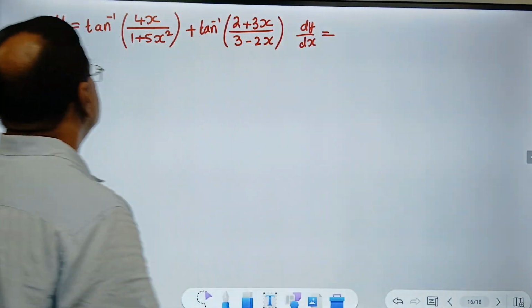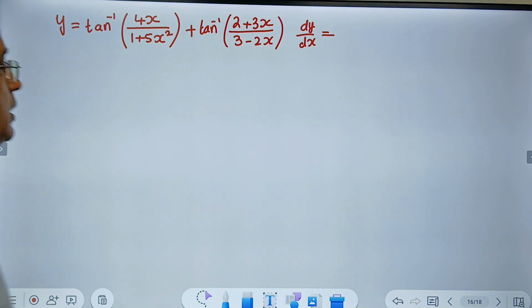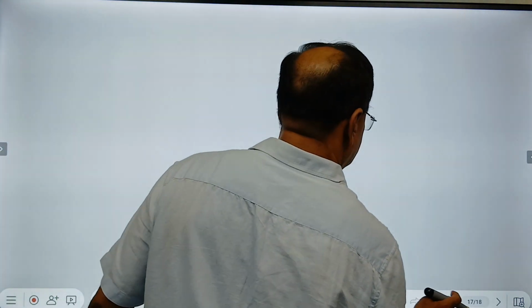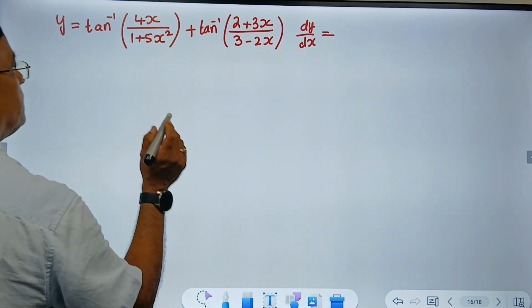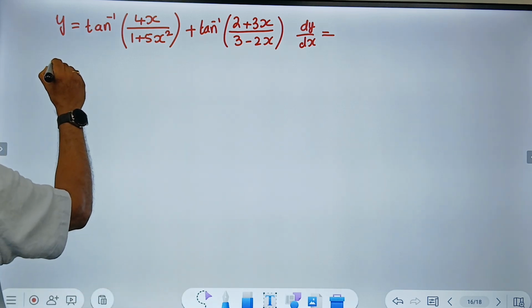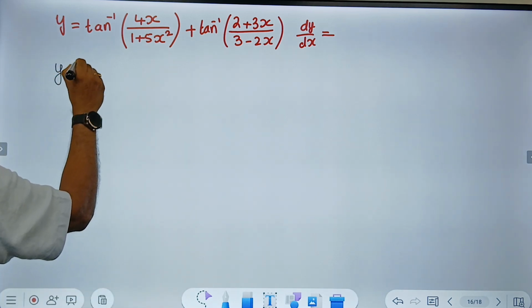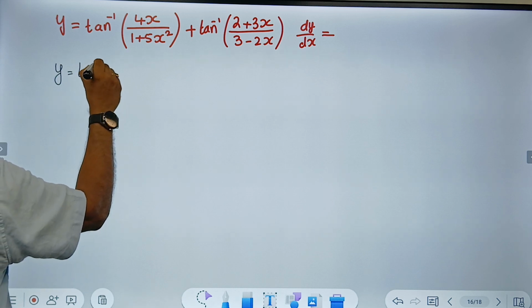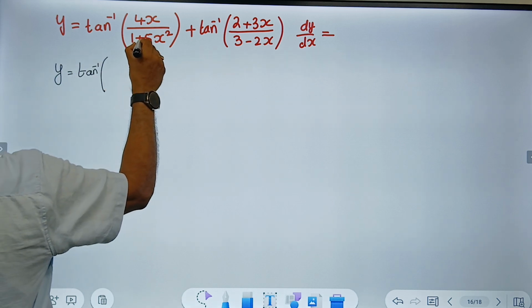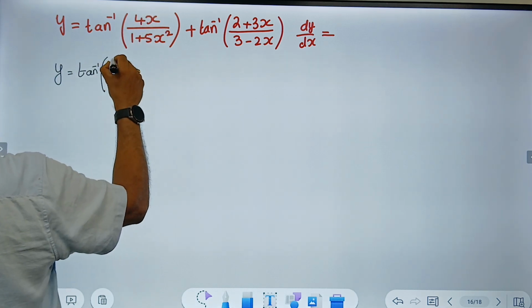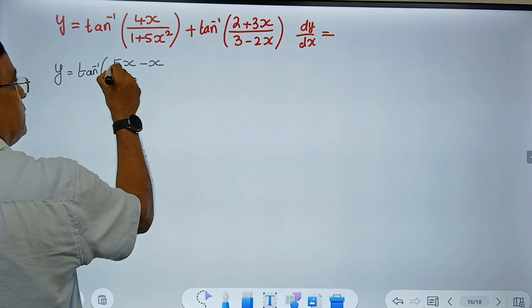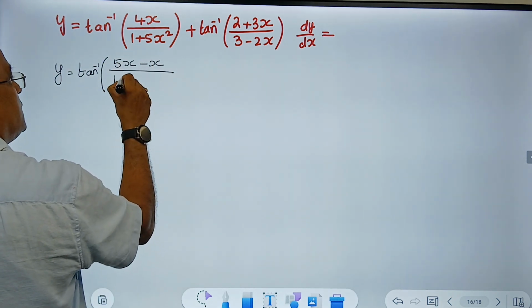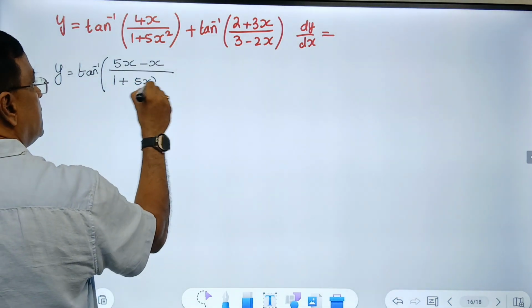Now the next question. This is a very, very nice problem. Okay. What do I do with this problem? This is the last problem. Let's try to simplify this. This is y equal to tan inverse of, denominator is plus, so numerator should be minus. So can I write this as 5x minus x divided by 1 plus 5x into x.